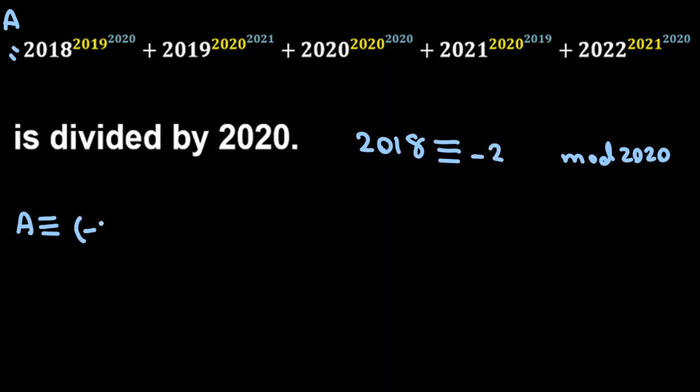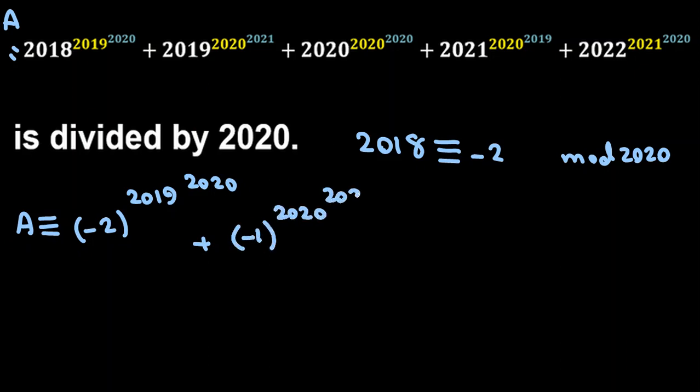So it will be -2 to the power of 2019 to the power of 2020 plus 2019 here. Similarly, you can say -1, then 2020, 2021 plus 2020 is 0. It's good. 0 to the power of 2020 to the power of 2020 plus 2021 is 1.